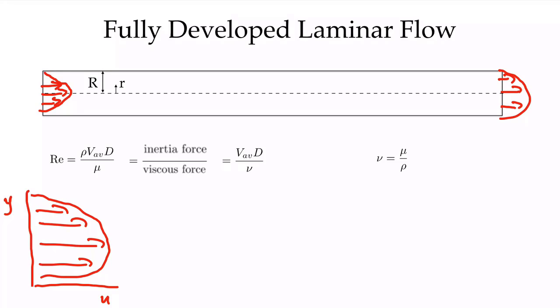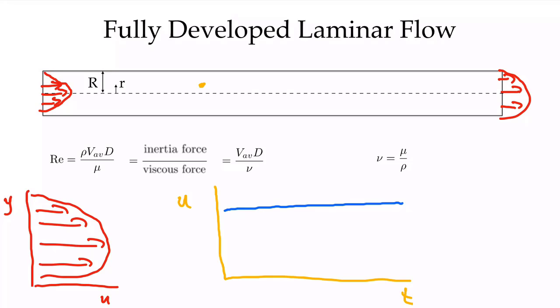Also, if I were to put a point in the flow, and I look, what is the velocity at this point right here as a function of time? So now I'll plot that velocity as a function of time. That velocity is going to be a constant value. It's not changing with time.